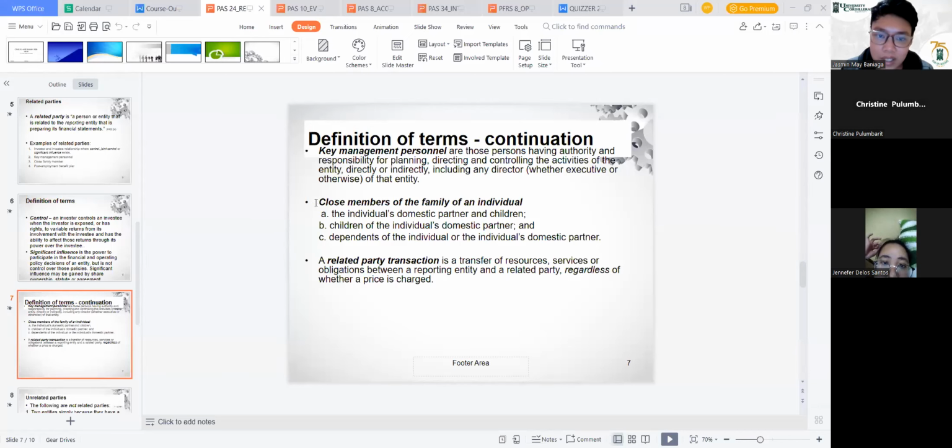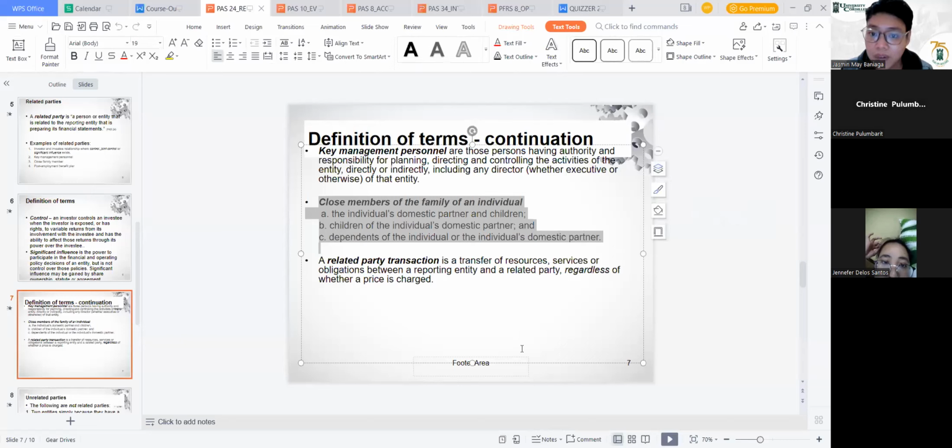As you can see here, I already mentioned this one, close members of the family. No? Under PAS 24, they are related parties. Your domestic partner or children. Children of the individual's domestic partner. No? Sometimes kasi diba, yung separated husband, remarry with another woman.